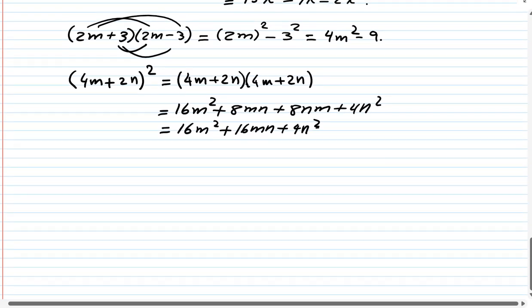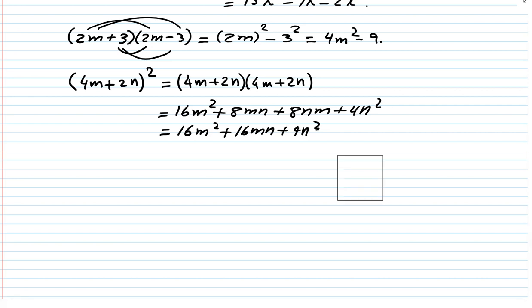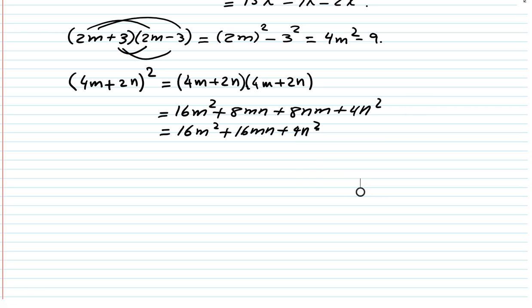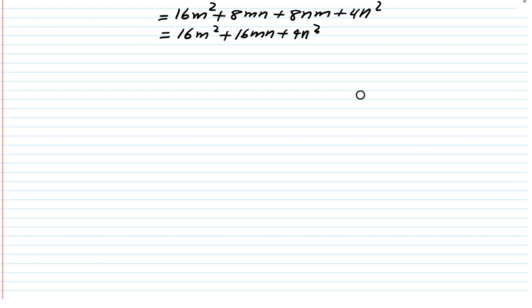Let's see, another one I can make up. How about something like this one. Suppose I want to do, again, another multiplication. Let's do something with, again, maybe rational exponents.